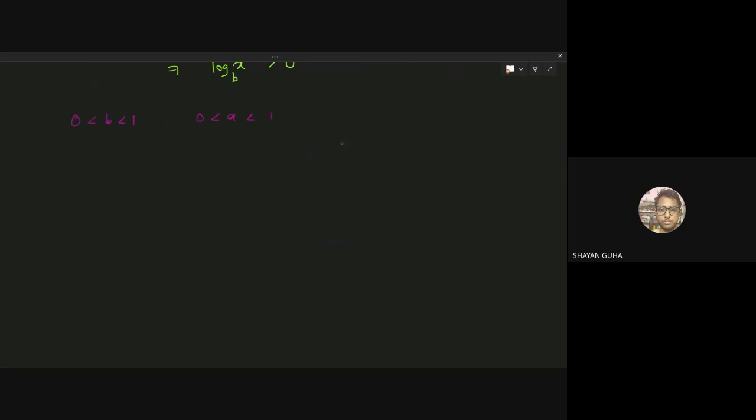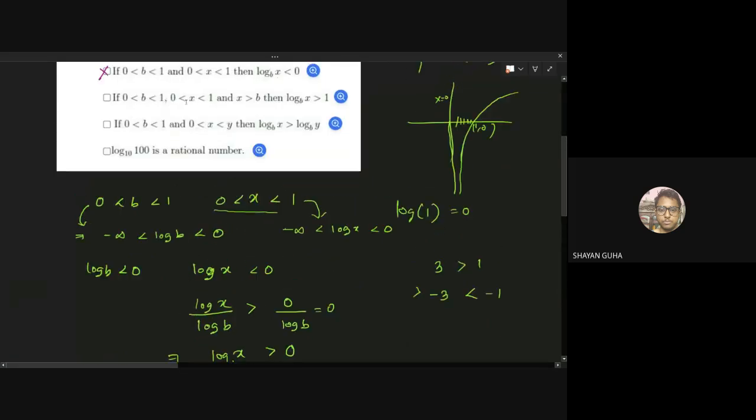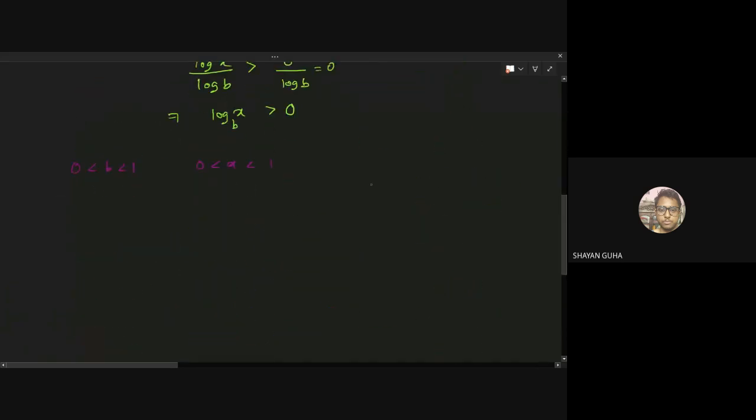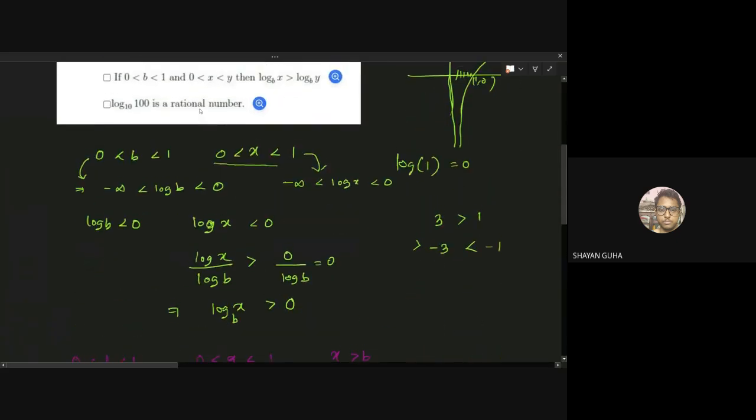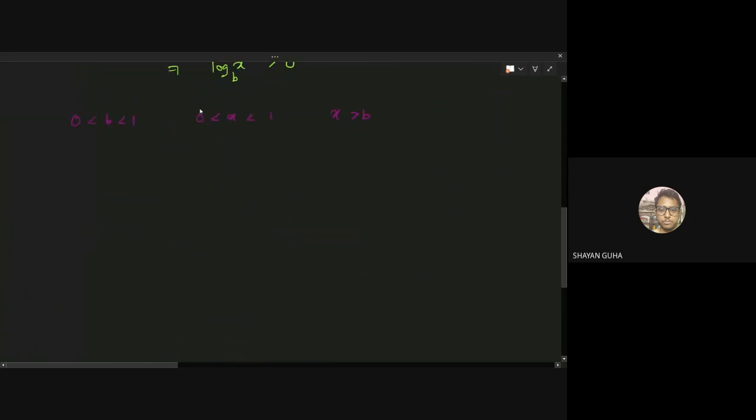But here I am getting one more condition: x is greater than b. This is one more condition which they have added. I have to see whether log x base b is greater than 1. Now, by the same logic as in the previous one, I can say log b is less than 0 and log x is also less than 0.